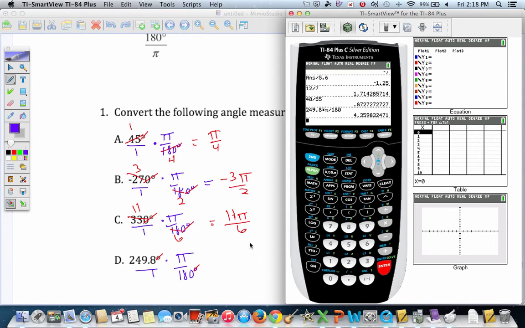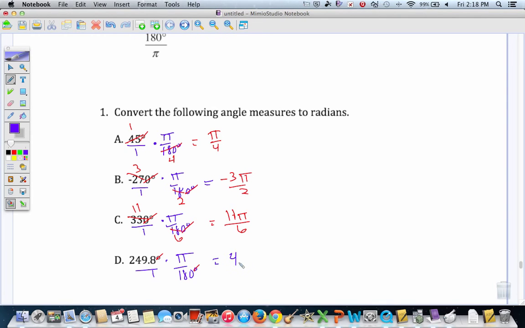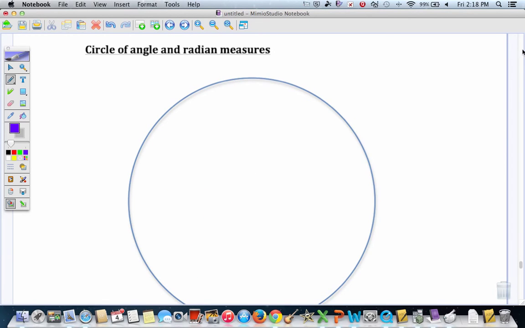You can see that gets us about 4.36 radians. So if our degree measure was in decimals, we'll go ahead and put our radian measure in decimals as well. These are some common angles we'll see on our unit circle, which we'll talk about later.